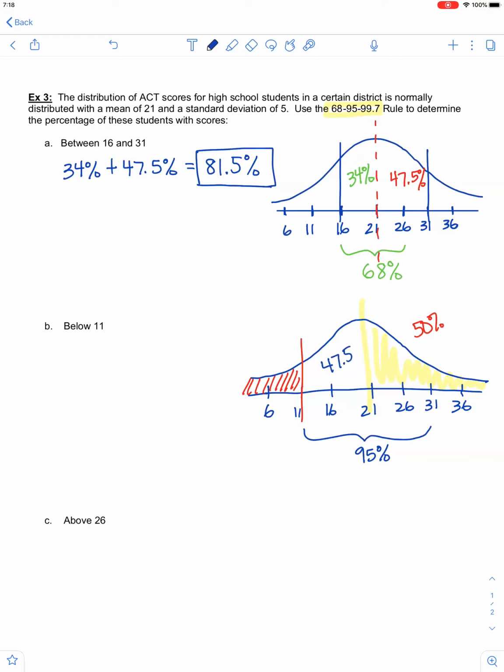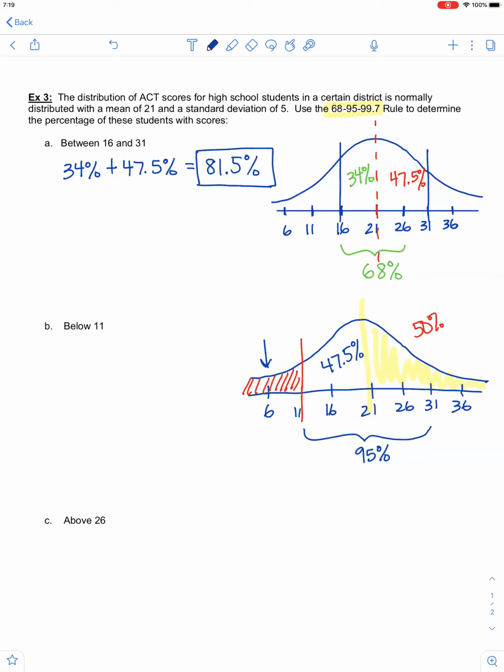So here I'm figuring out the percentages everywhere else before I look for what's actually being asked for. So I know 50% is to the right of 21, 47.5 is between 11 and 21, and then since the whole thing is 100%, I can do some calculations here to get that desired value.